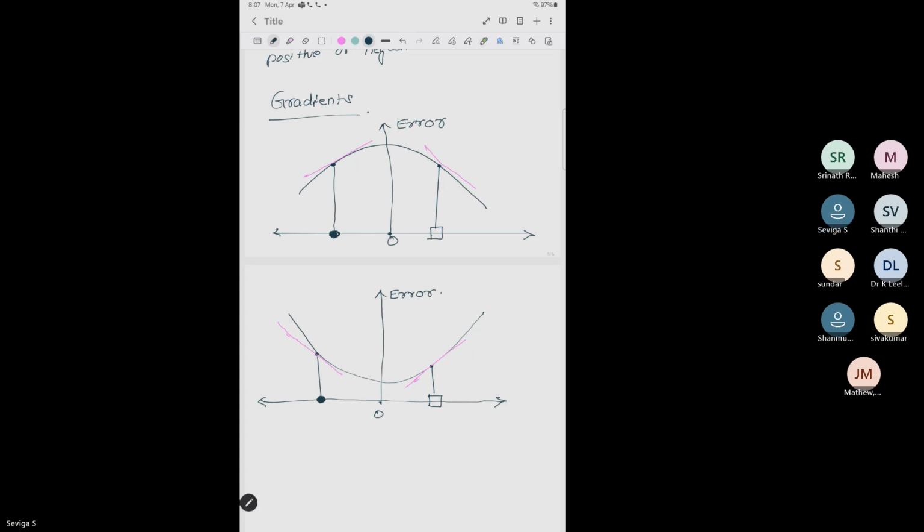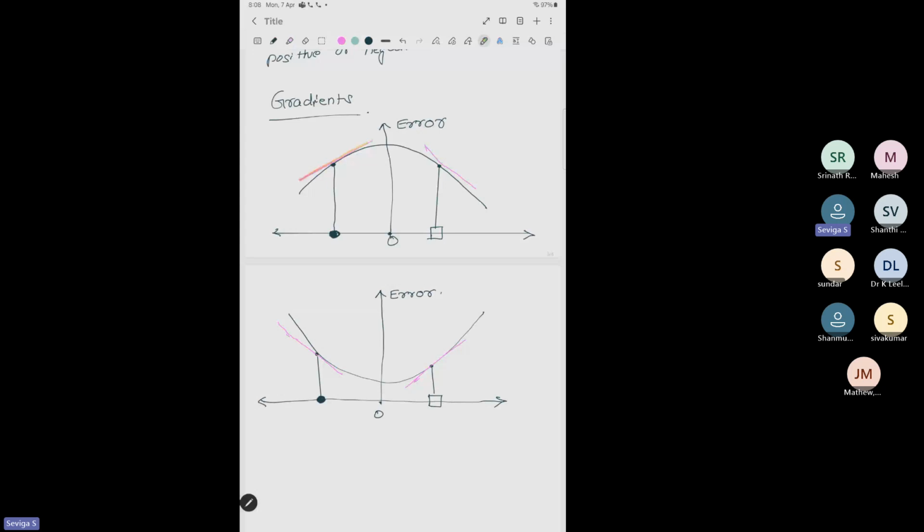If you look at this curve, it is nothing but your error. You have drawn an error curve. This gradient is nothing but the slope at each point. So you have two weights, one is the circle weight, the other is a squared weight. For each point of this weight, you are drawing a gradient at that particular point of the error.